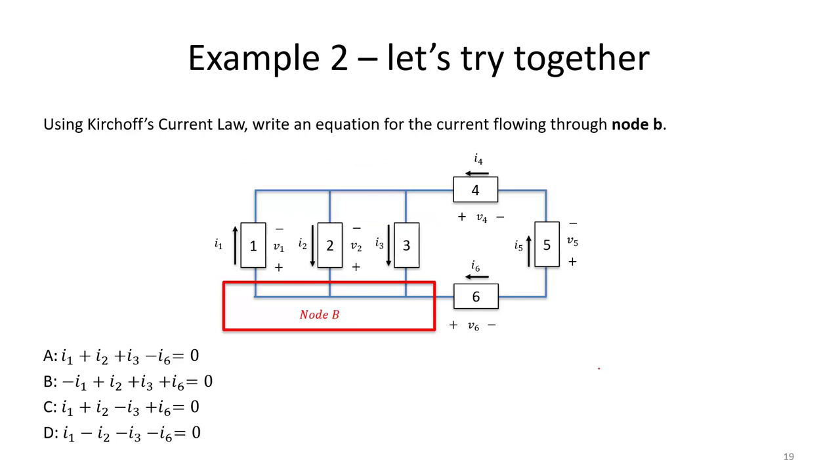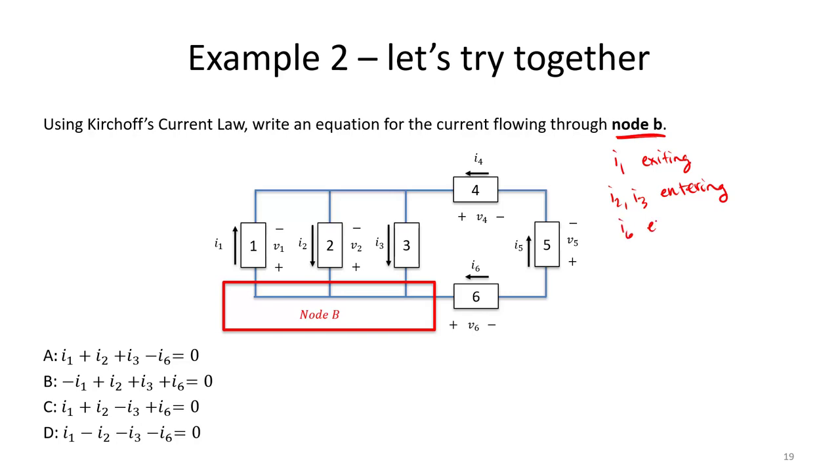Let's try another quick example here. I'd encourage you to pause the video a moment and see if you can figure this one out. Then we'll go ahead and do it together. So here we are looking at node B. We want to use Kirchhoff's current law to write an equation for that node. In this case, we have I1, which is exiting. We have I2, I3 entering.